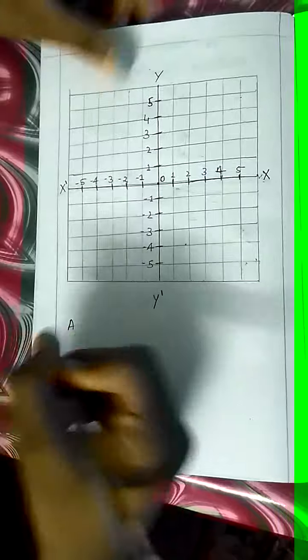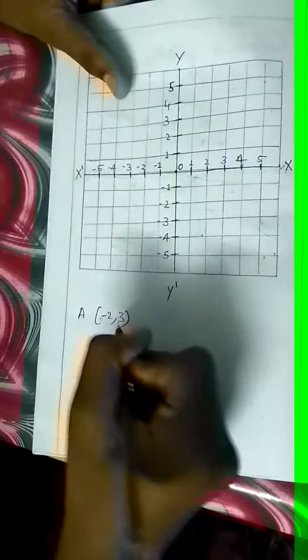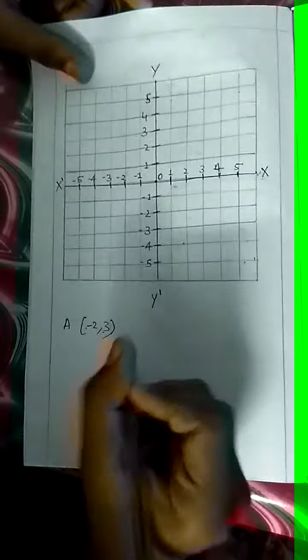Now, we are clear about the basics. Now, let's go through some examples that I am going to give on a real graph. This is a graph, and the first example is point A, located at (-2, 3). So, this is the x-axis, x-coordinate, and this is the y-coordinate, and -2.